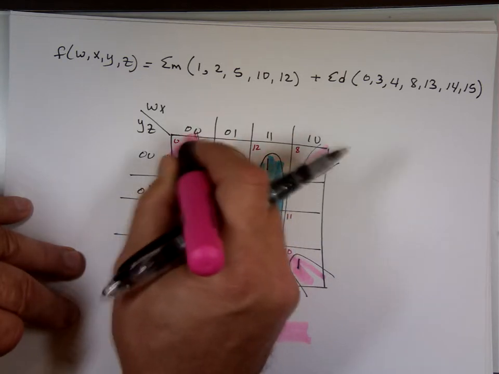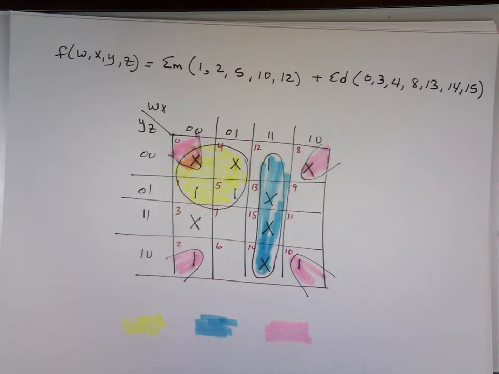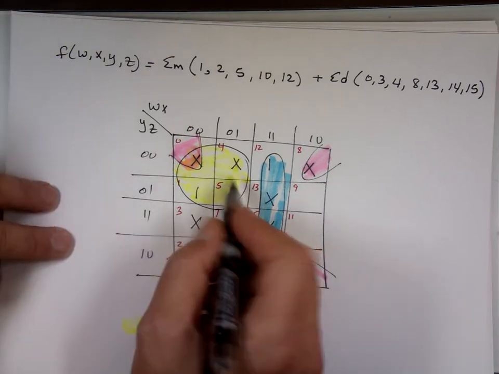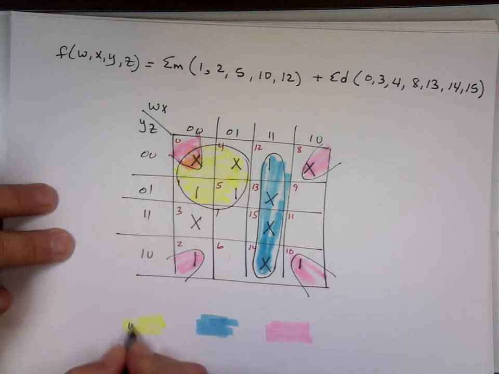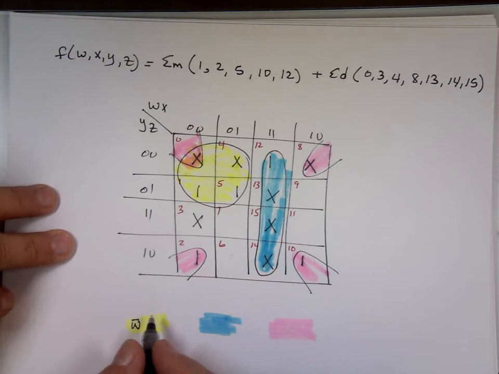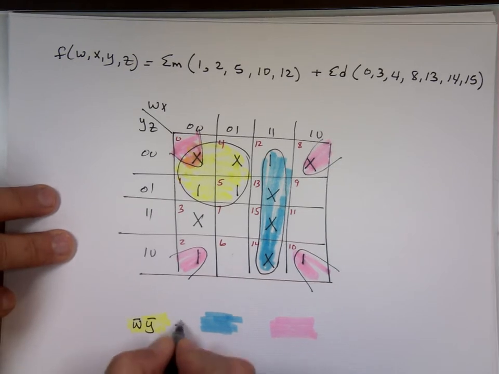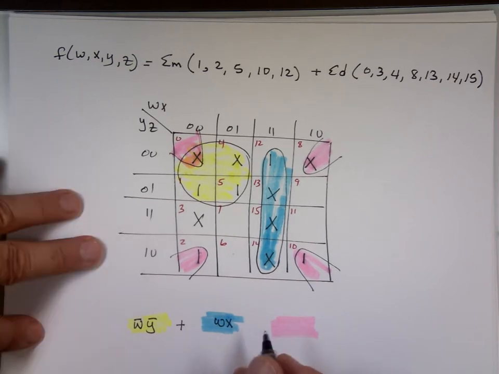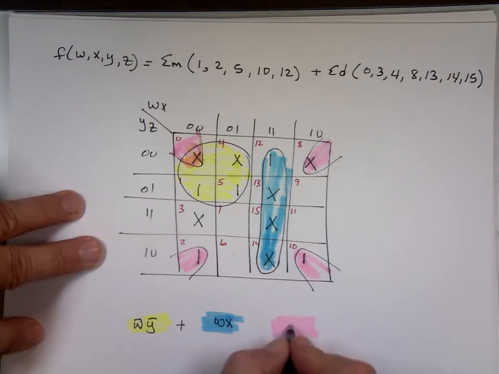That's another choice. You can go them that way. If you do them that way, the yellow one will be what? W bar and Y bar. The blue one is WX. And the pink one is what? X bar, Z bar.